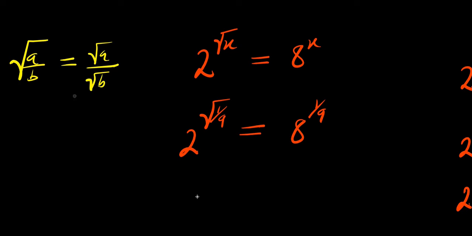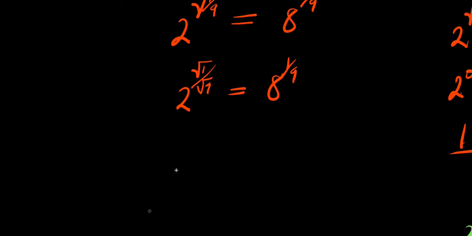So we are simply going to have 2 power square root of 1 divided by square root of 9 equals 8 power 1 over 9. And from here, square root of 1 is 1, divided by square root of 9 is 3, and this equals 8 power 1 over 9.